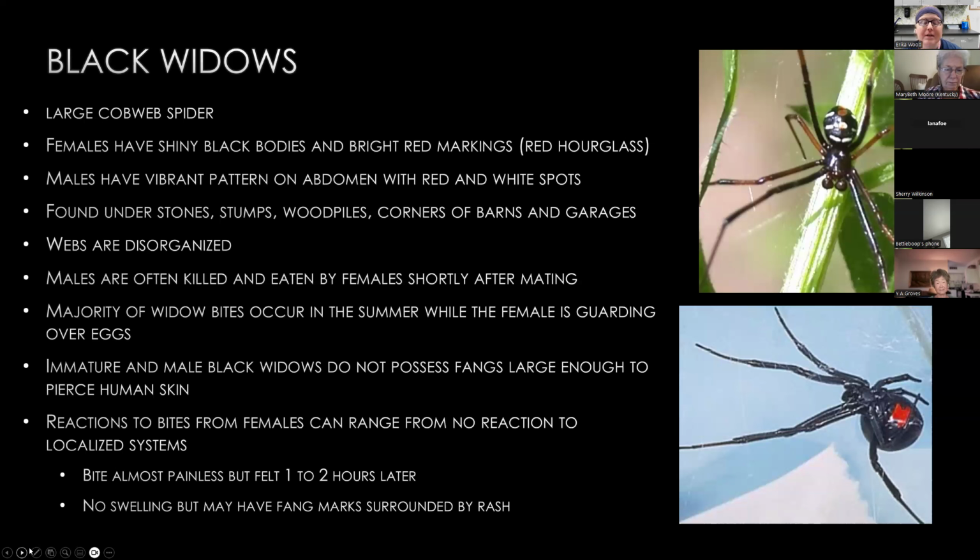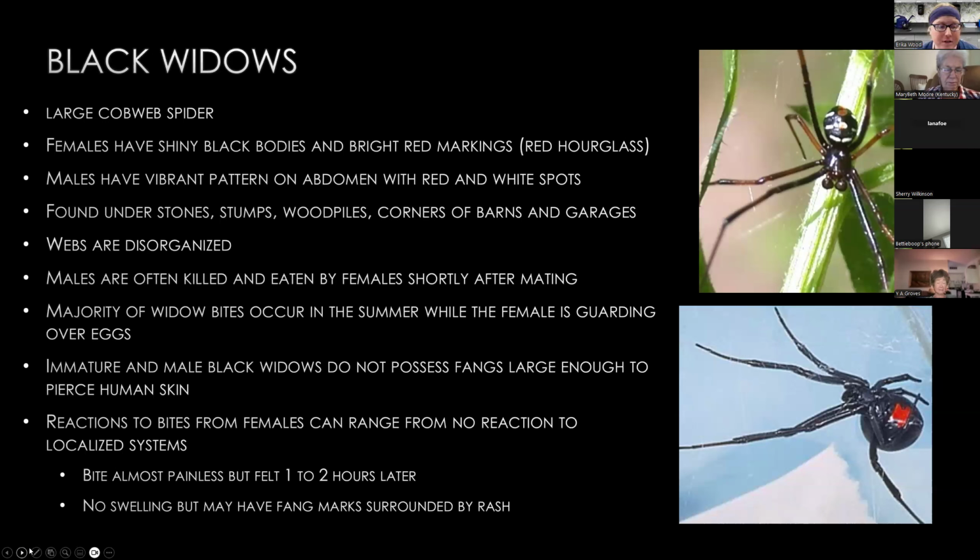Okay. Now, what happens if you get bit by a black widow? Again, I am not a medical professional, and so anytime you get a spider bite, especially if you're concerned you were bitten by a black widow, you should seek medical attention.